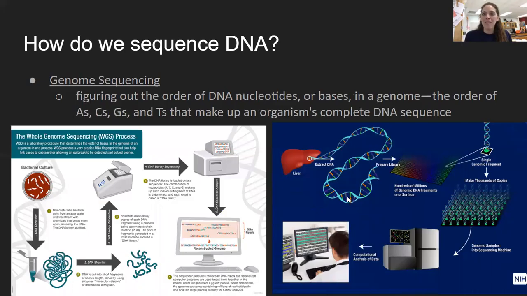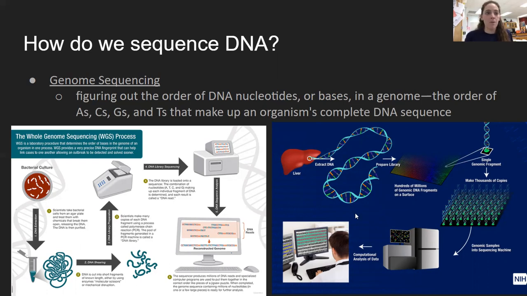Then we have genome sequencing. So this is figuring out the order of the DNA nucleotides in a genome. So this is knowing the exact type, all the letters in your bases. So this process is very expensive, takes a long time, and is something where there's lots of advancements.